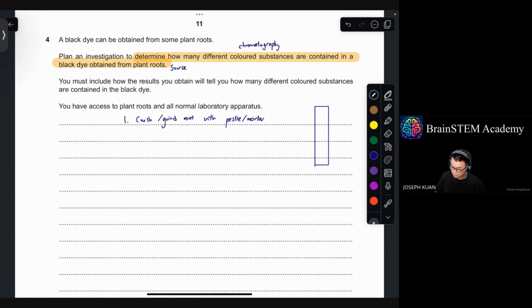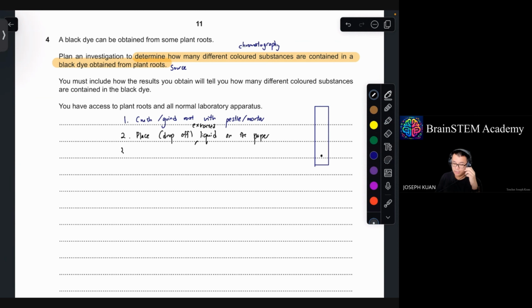Two, you can place the extracted liquid on the paper.